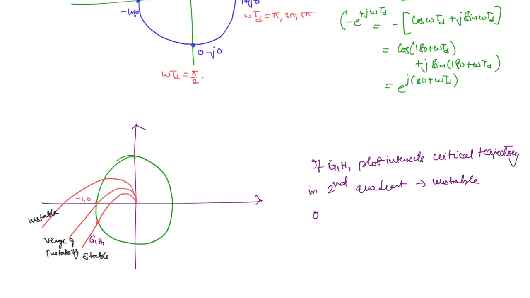If it intersects on the negative real axis, then the system is said to be on the verge of instability. And if it intersects in the third quadrant, then it is a stable system.